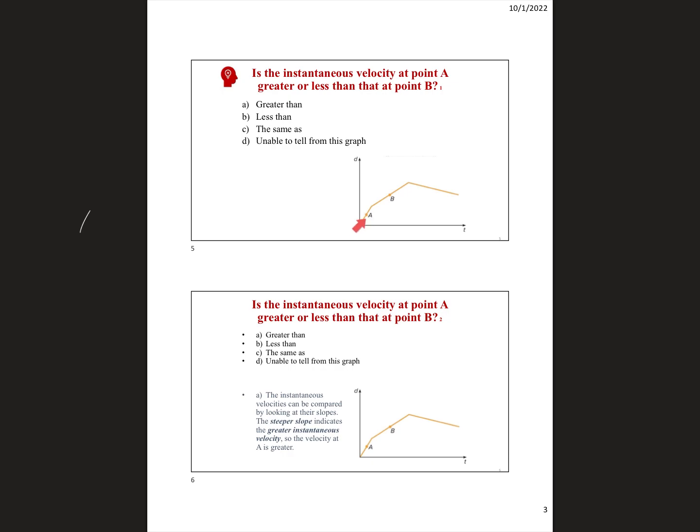And the slope is bigger in A than in B. So the slope around B is smaller. So is the instantaneous velocity at point A greater? Yes, at point A it is greater because the slope is greater. Let's go to the next question.